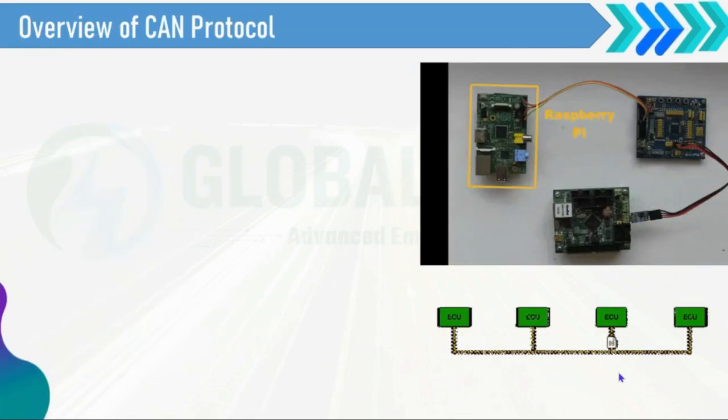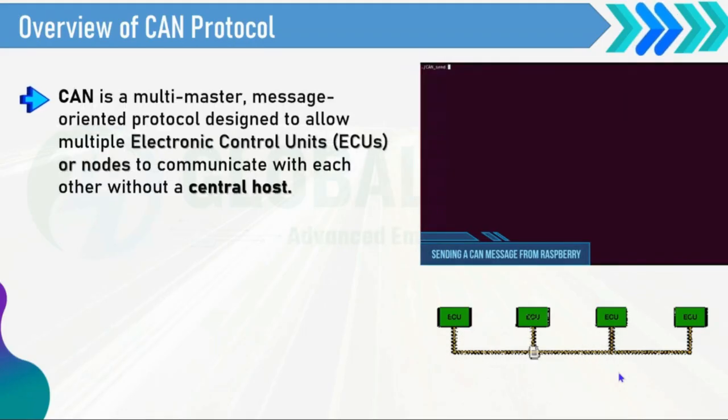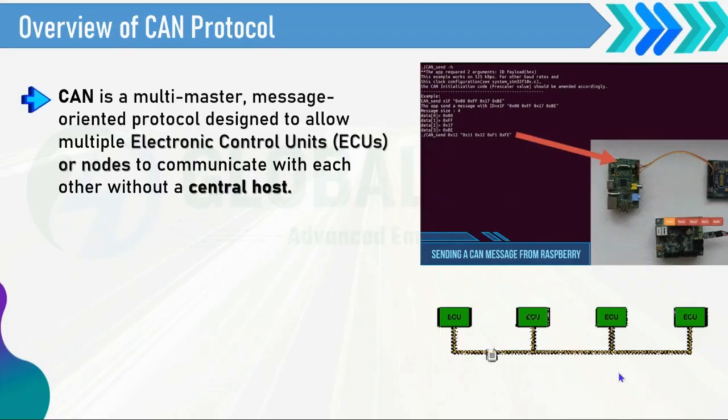protocol. So coming to the overview of the CAN protocol, it is used for communication between the ECUs or the nodes without any central host being available.